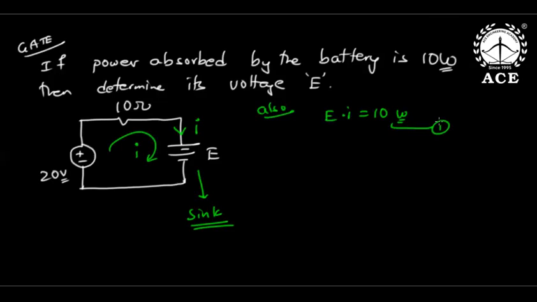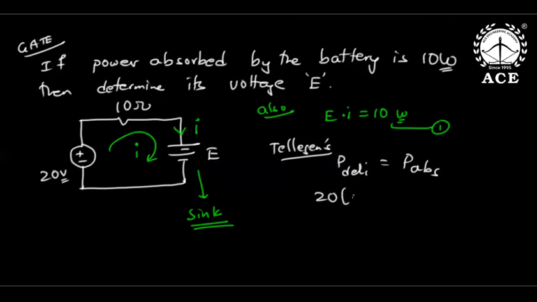But with E into I equal to 10, you cannot declare E; many answers will come. Now according to Tellegen's theorem, total power delivered by the sources is the power absorbed by the sinks. After declaring the current direction, the only source is the 20 volts, and the remaining two are sinks.